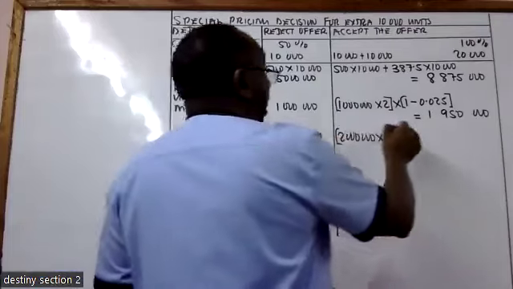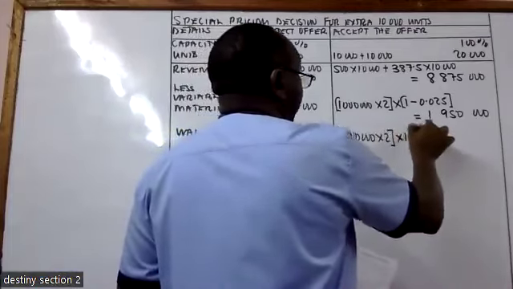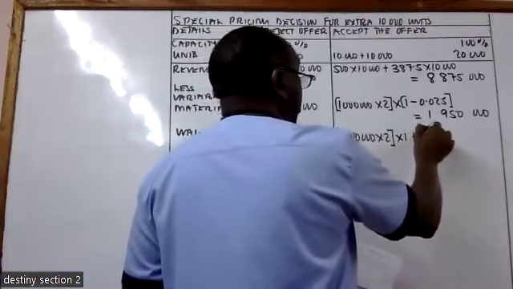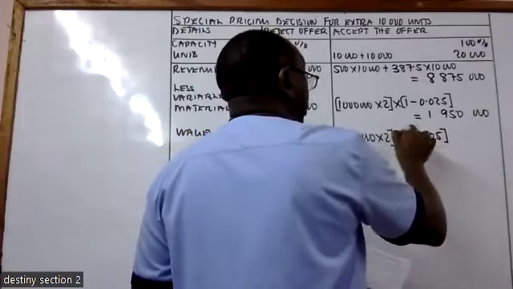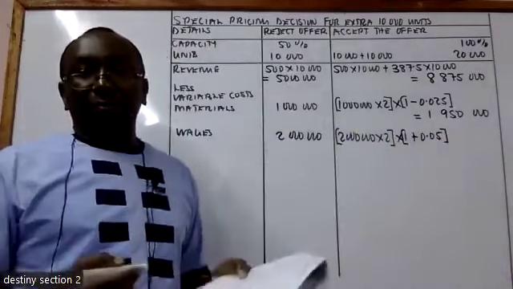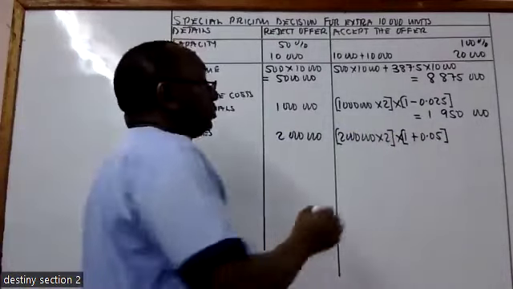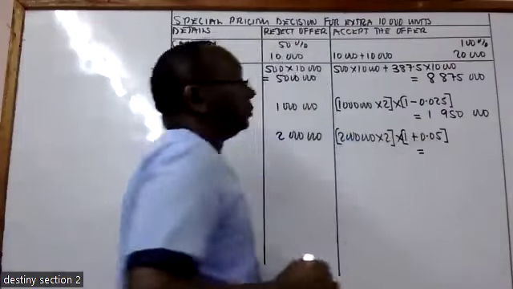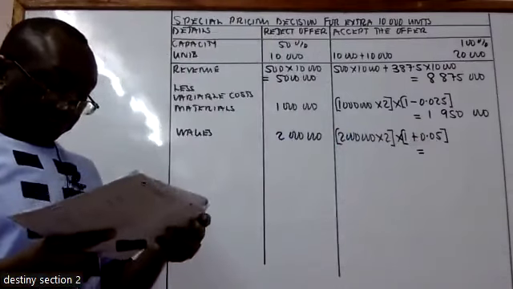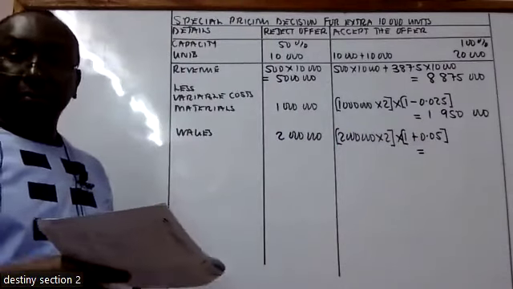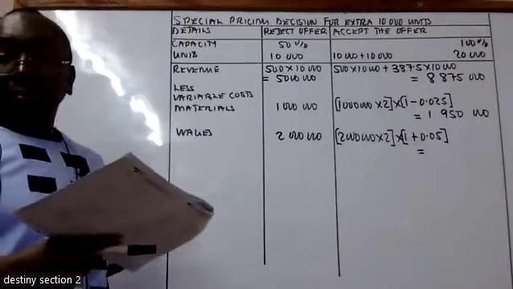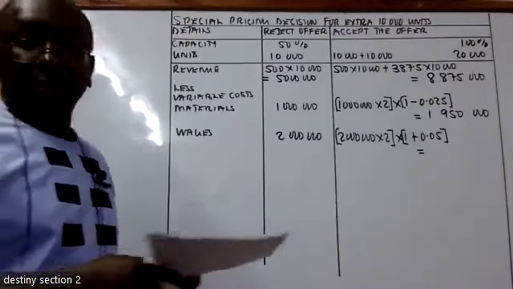So you multiply by 1.05, or let me put it this way, 1 plus 0.05. When people become less efficient, labor cost goes up. $4.2 million.